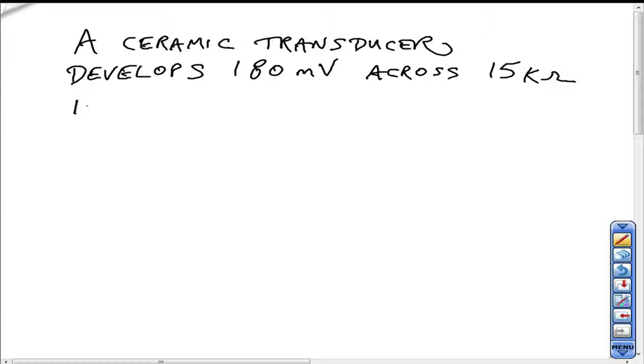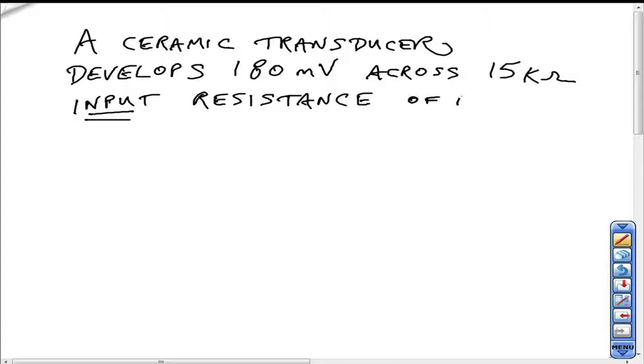This is a very important word: input resistance. Your book doesn't underline it, but I'm trying to draw your attention to that word. So a ceramic transducer develops 180 millivolts across a 15 kiloohm input resistance of an amplifier.